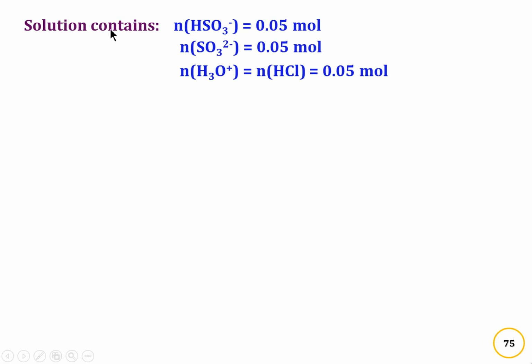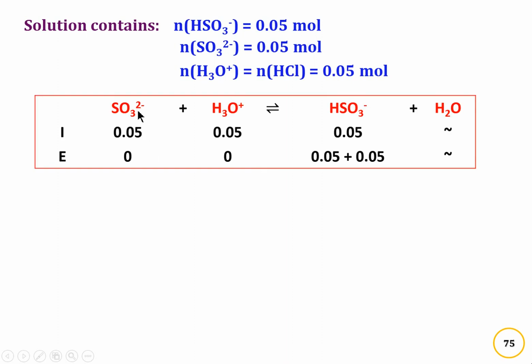So the new solution contains HSO3⁻ 0.05, SO3²⁻ 0.05, and the number of moles of H3O⁺ equals the number of moles of HCl added, equal to 0.05. We write the reaction between SO3²⁻ and H3O⁺, and we calculate, according to the table of conversion, the number of moles at equilibrium.